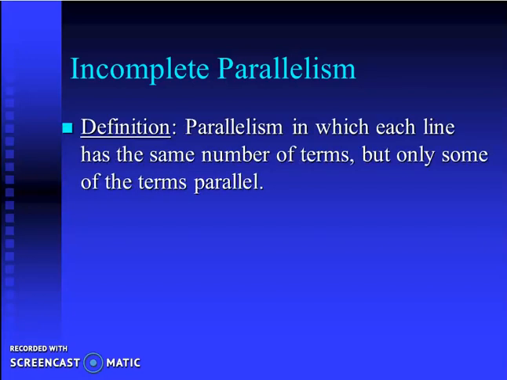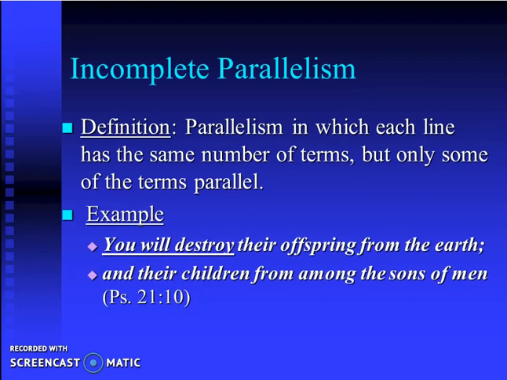Then there's a category known as incomplete parallelism. Incomplete parallelism is parallelism in which each line has the same number of terms, at least in the Hebrew, but only some of the terms parallel. An example of this, you will destroy their offspring from the earth and their children from among the sons of men.